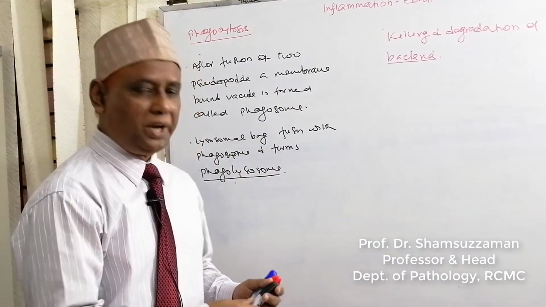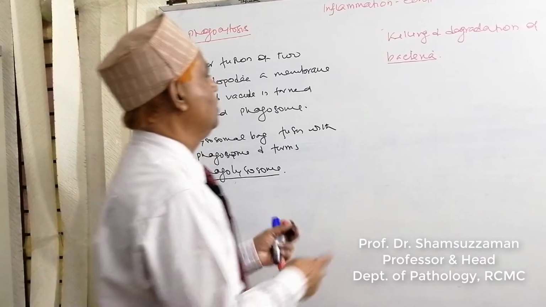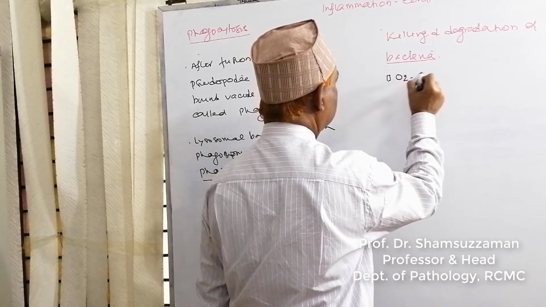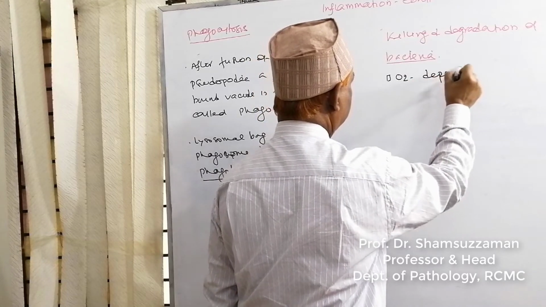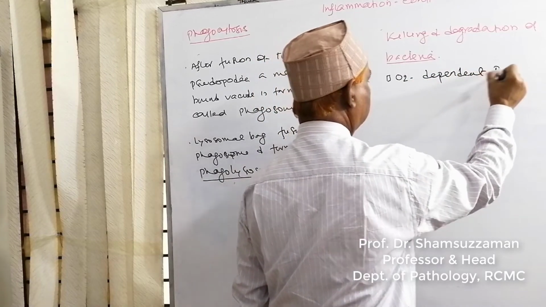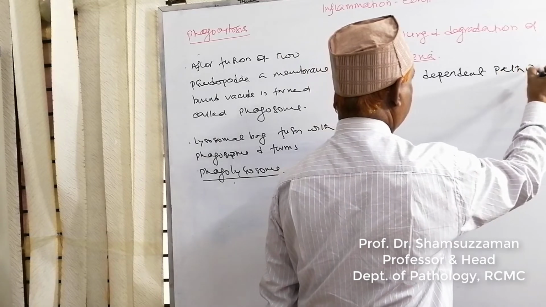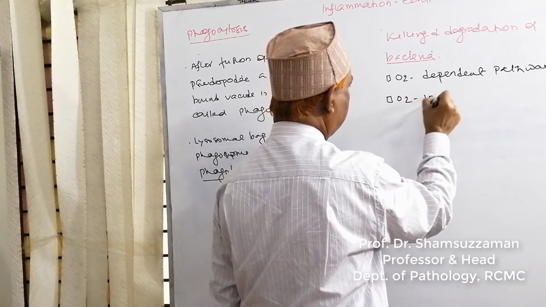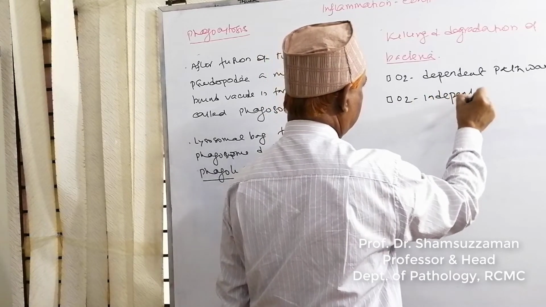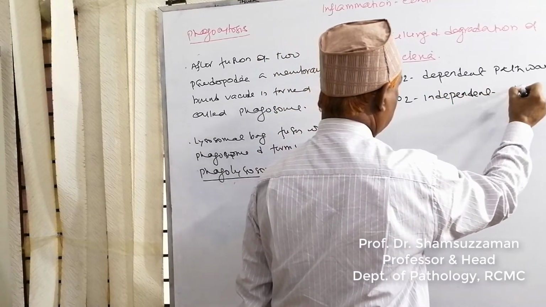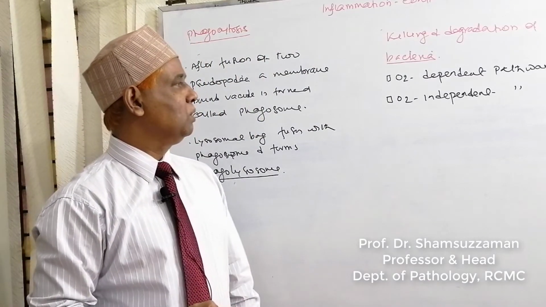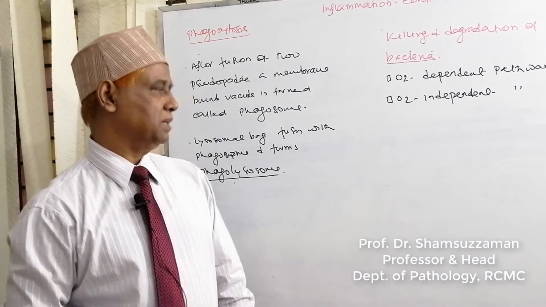There are two ways of killing and degradation. One is the oxygen dependent pathway of killing and degradation. Another is the oxygen independent pathway of killing and degradation. First come to the oxygen dependent pathway.